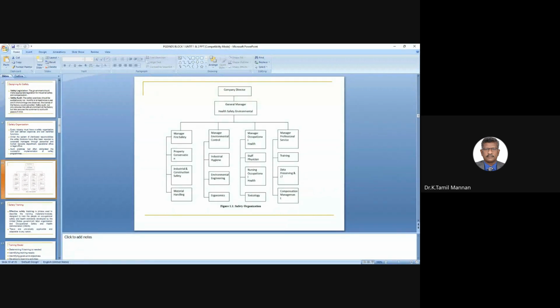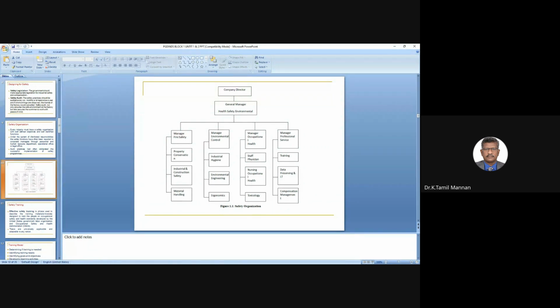Another safety section is professional service, whose manager provides training for safety persons, maintains data and preserves records for the rules and acts of industrial safety, and provides compensation by management according to the various types of accidents.